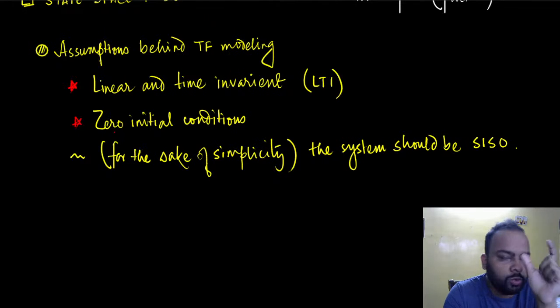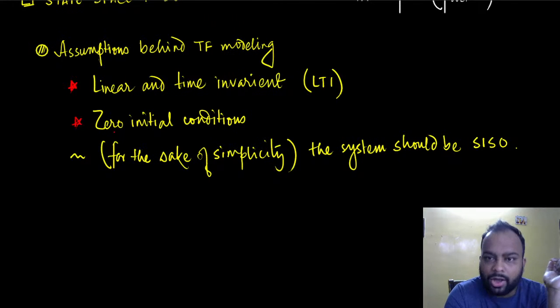For that system, you don't have a single transfer function. Instead, you have transfer functions that relate every single input with every single output. So I have 3 inputs and 2 outputs, and that system will be described by 6 different transfer functions. So essentially we would have a transfer function matrix for that.